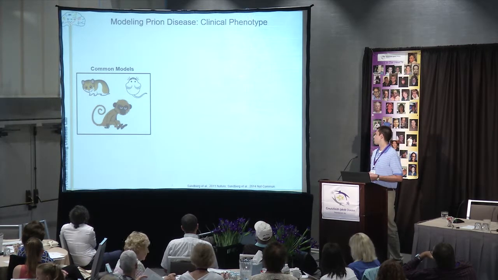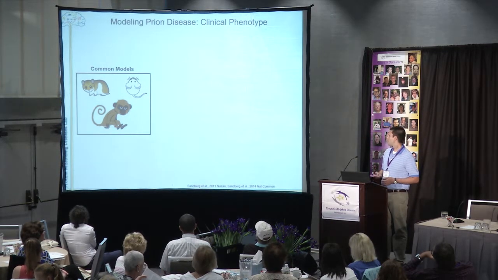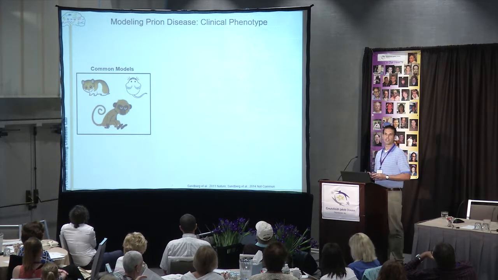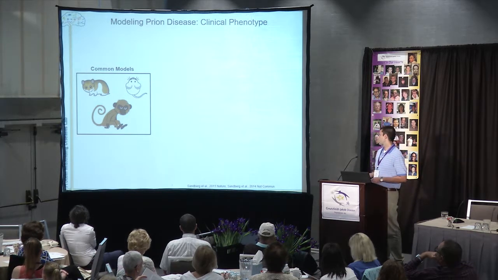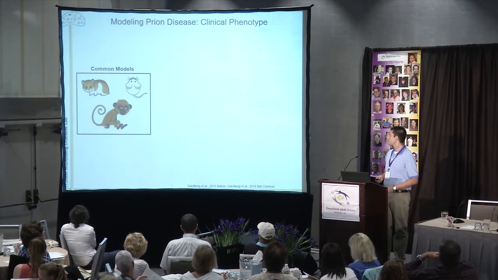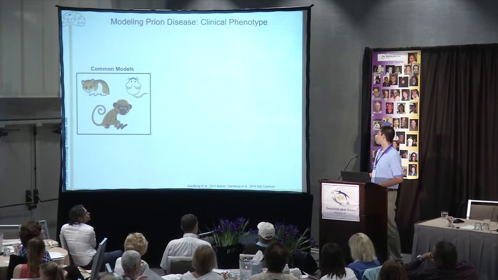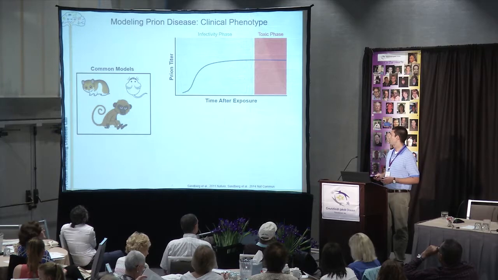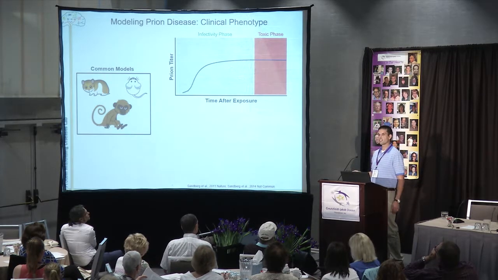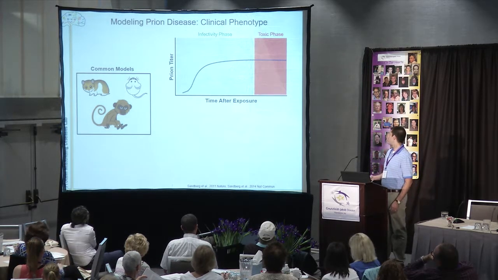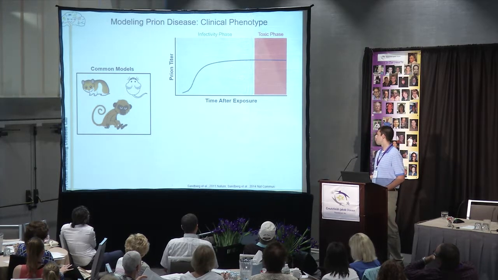Now in the prion field, we're very lucky because we have some very nice mammalian models that fully recapitulate the prion disease. These include hamsters, mice, and primates. From what we've been shown from John Collinge's work with mouse models, the infection process can be broken into two phases, an infectivity phase and a toxicity phase.